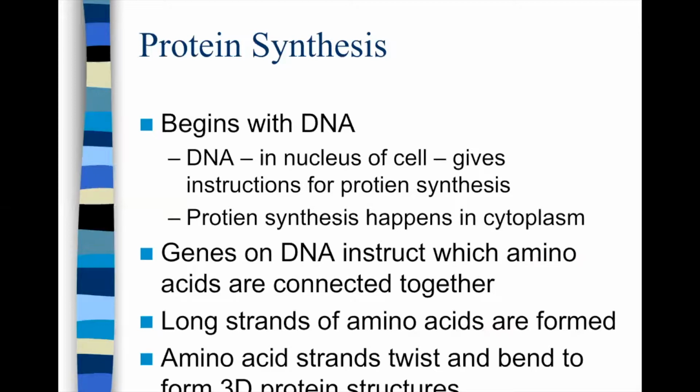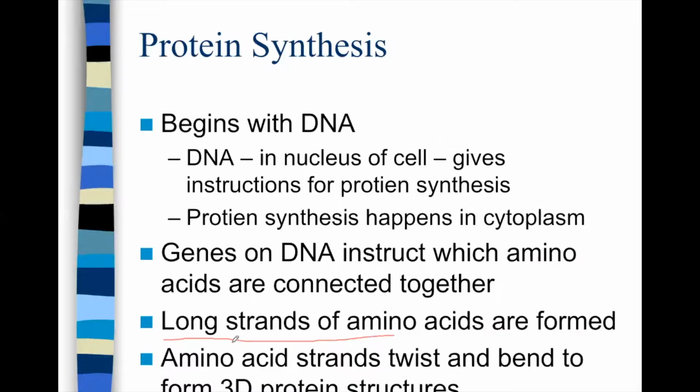And the first part of protein synthesis is formation of a polypeptide chain, which is a chain of multiple peptide bonds that, if you think about the name, includes many amino acids. So first, DNA will code for polypeptide chains, which are these long strands of amino acids.